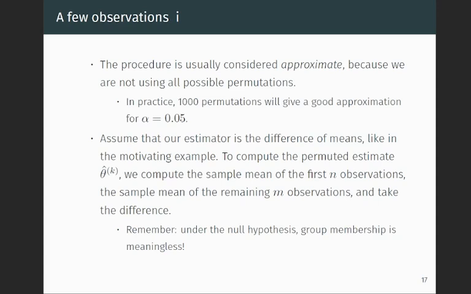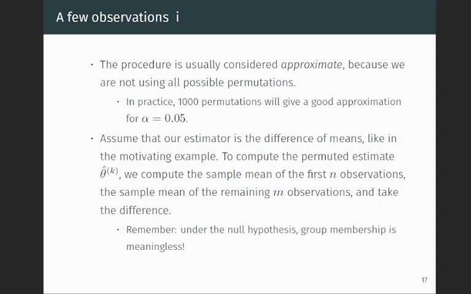The second observation relates to the second step in our algorithm. So assume that the estimator is the difference of means, like in the motivating example. So to compute the permuted estimate theta hat k, what we would do is compute the sample mean of the first n observations after permutation, and then the sample mean of the remaining m observations, and then take the difference.